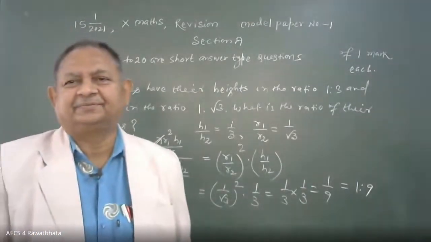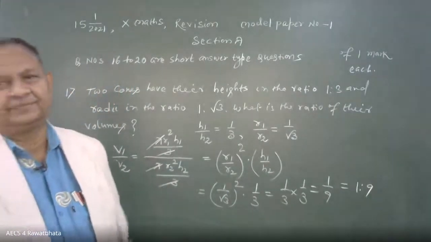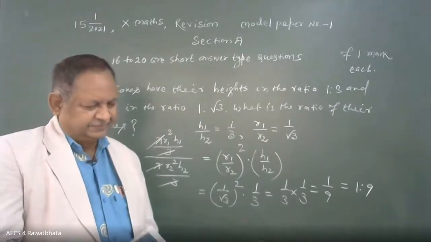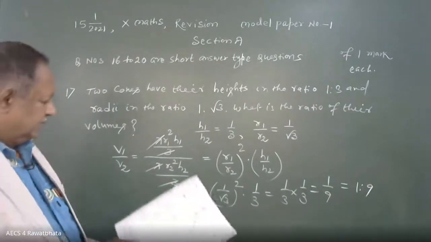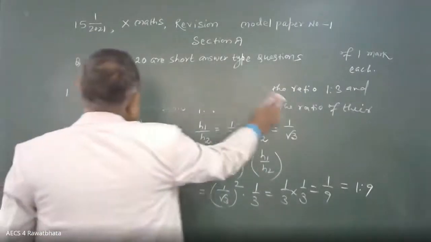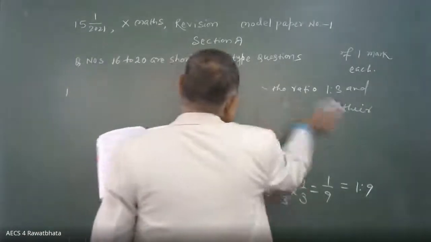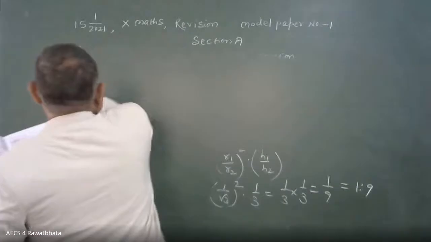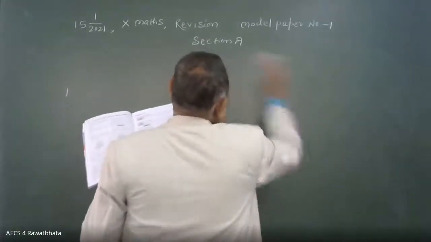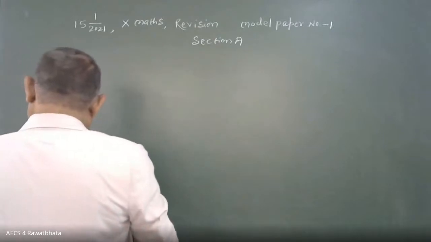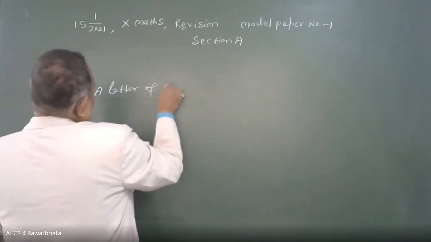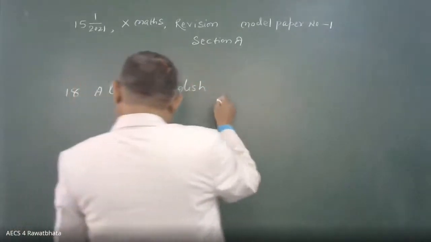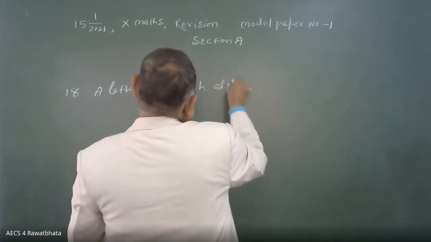Question number 18. A letter of the English alphabet is chosen at random.